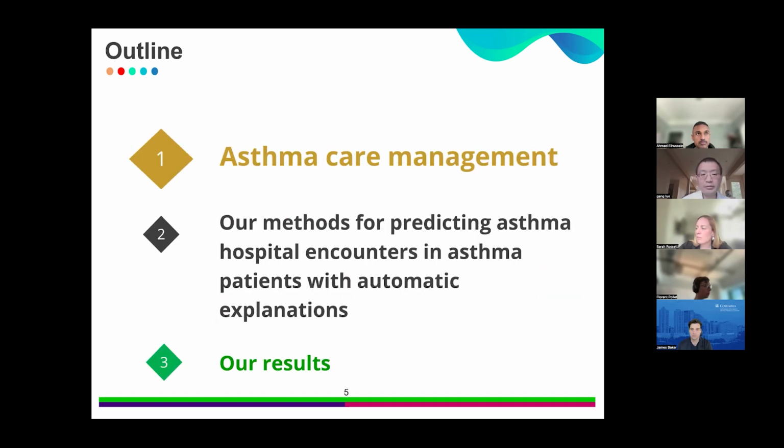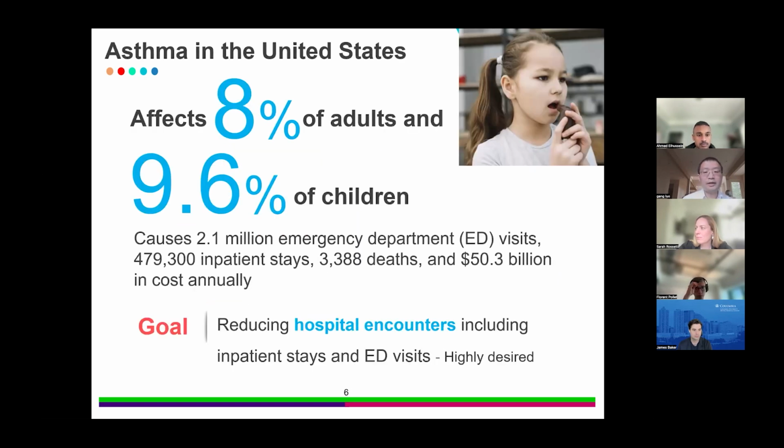So now let me give some background on asthma care management. In the US, asthma affects about 8% of adults and 9.6% of children. So asthma causes over 2 million emergency room visits, about 500,000 inpatient stays, over 3,000 deaths, and over $50 billion in healthcare costs every year.